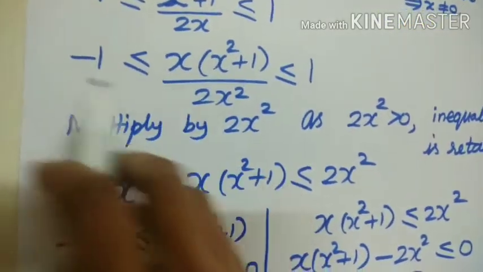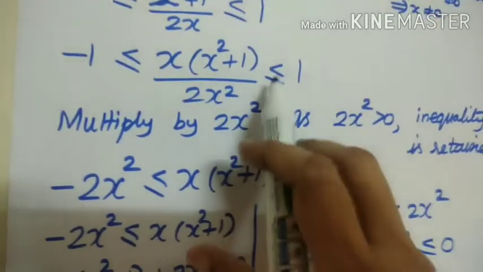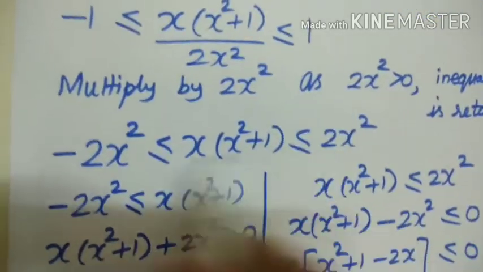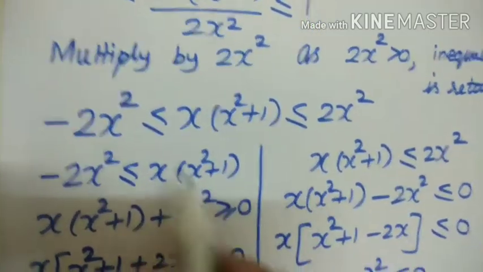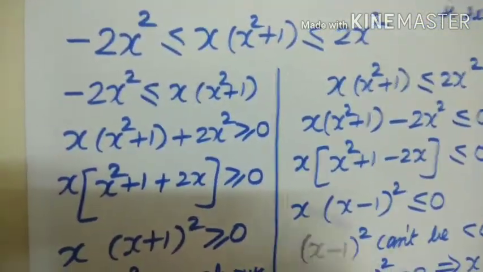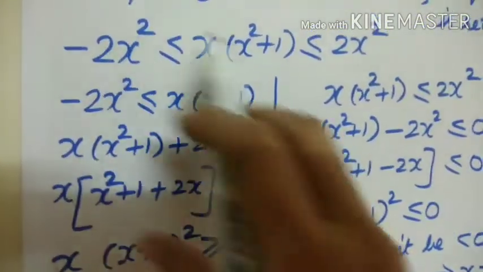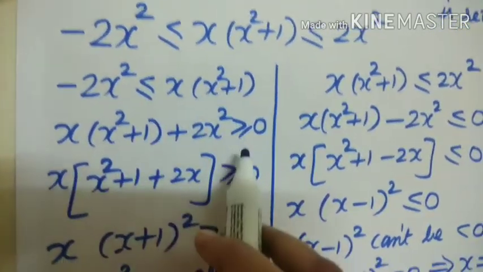So multiplying by 2x square, take this separately: minus 2x square less than or equal to this, separately. And this less than or equal to 2x square, separately. So here let me bring this to the other side. The minus will go as plus, which is greater than or equal to 0.